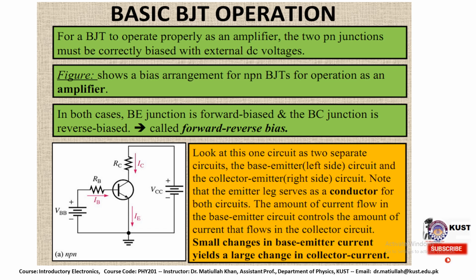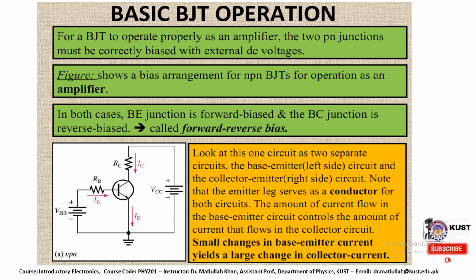If we look at that, the emitter leg serves as a conductor for both circuits. So the amount of current that flows in the base-emitter circuit controls the amount of current that flows in the collector circuit. Small changes in the base-emitter current yield a large change in the collector current.